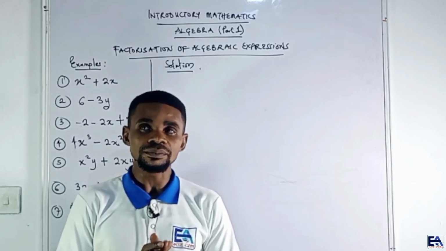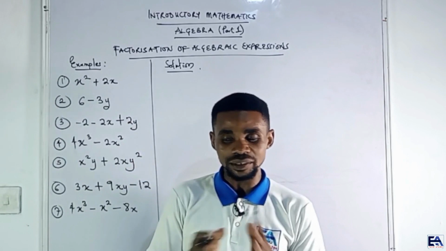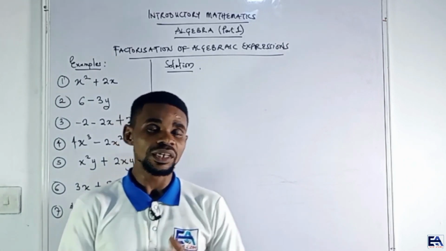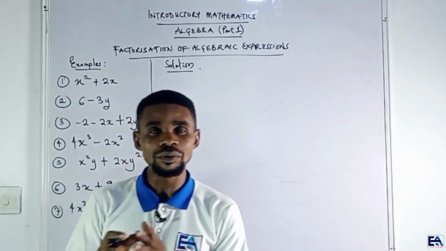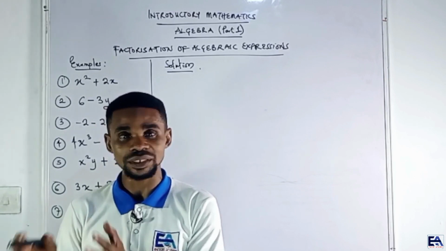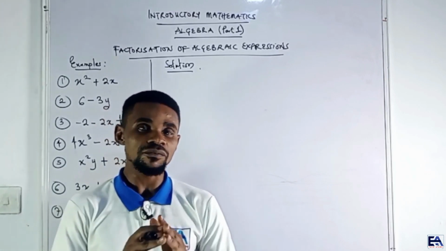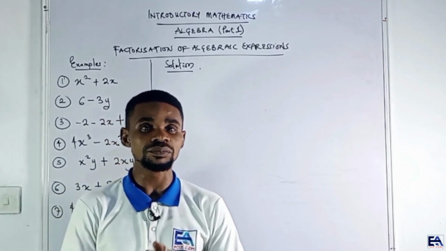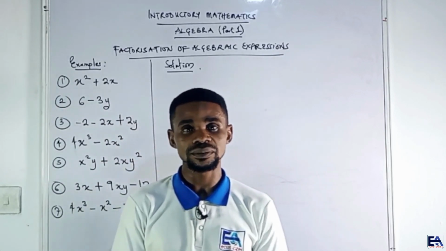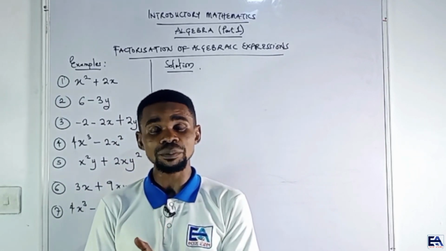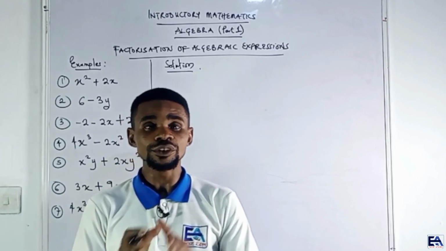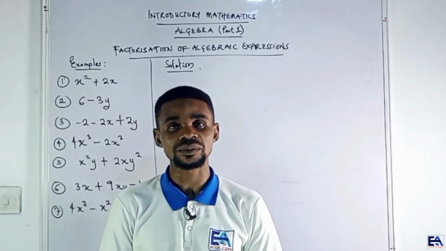Now, another thing that you should take note of is that expansion deals with more of multiplication and addition, but factorization deals more with division. So when you multiply in expansion, you divide in factorization.